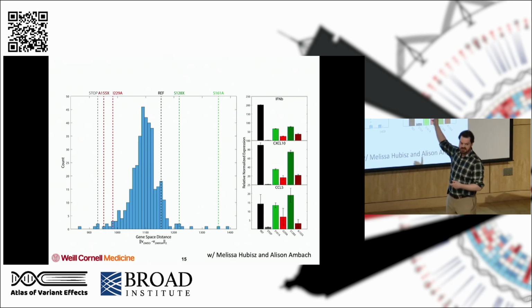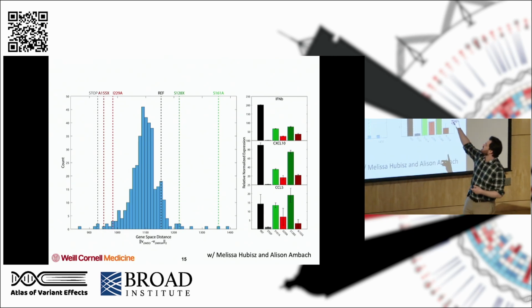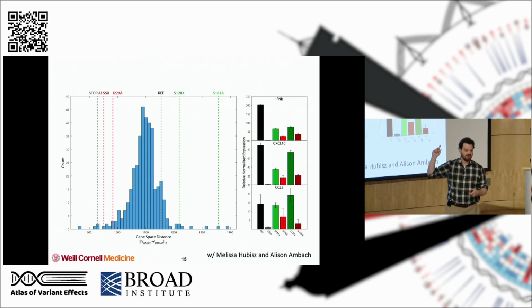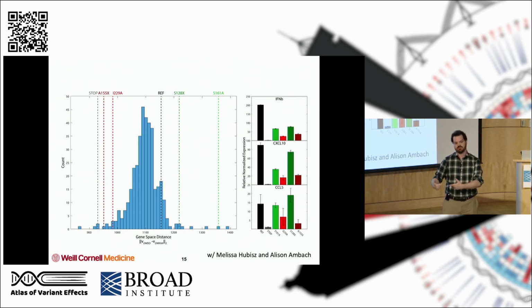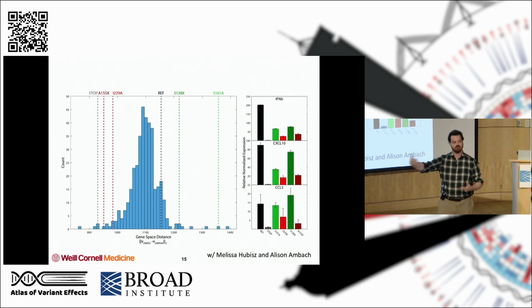And conversely, with this variant S161A, in humans, if you introduce that mutation, you return sensitivity to DMXAA even in the presence of the I229A mutation. And we find if you introduce that mutation into mouse STING, it becomes even more sensitive to DMXAA.